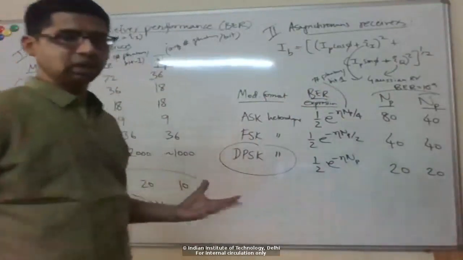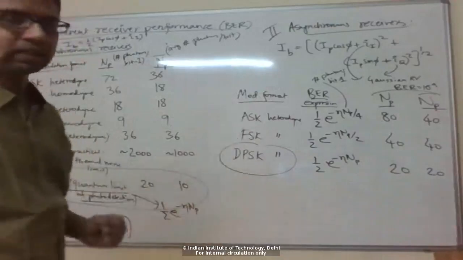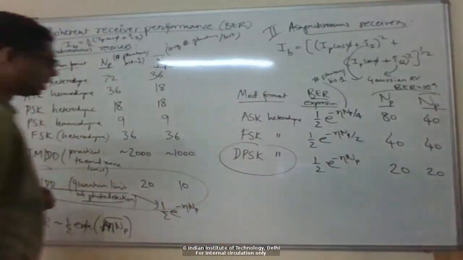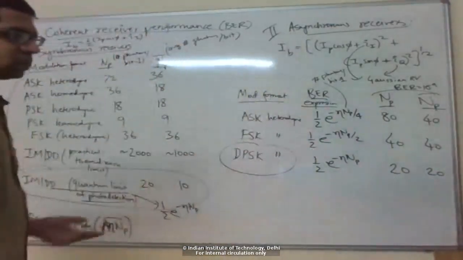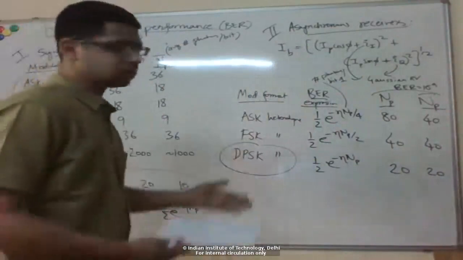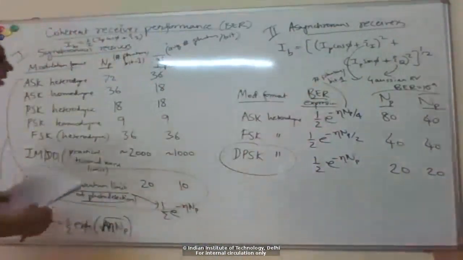So you don't have very stringent requirements on either the transmitter laser or the phase noise of the local oscillator laser. And also the receiver, we saw that here we just have a 1-bit delay, we multiply and then have a low pass filter. It's very simple.